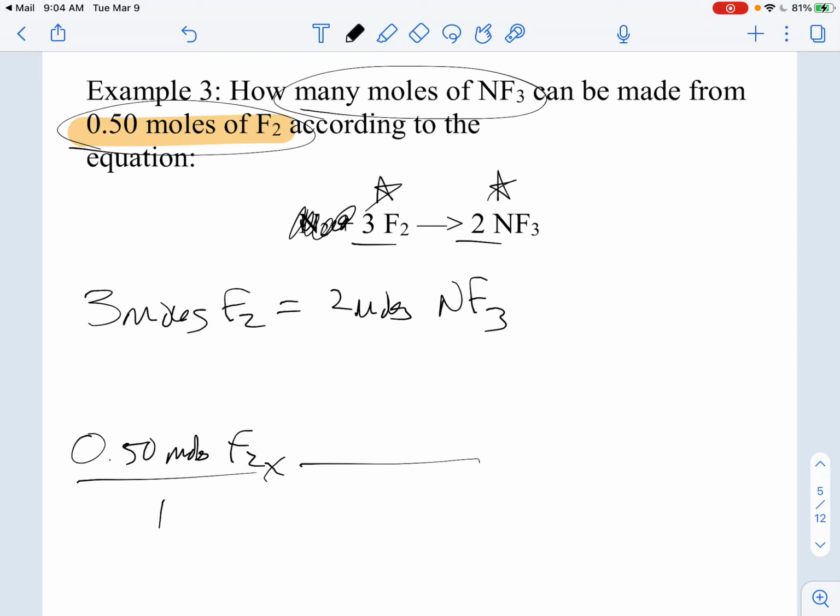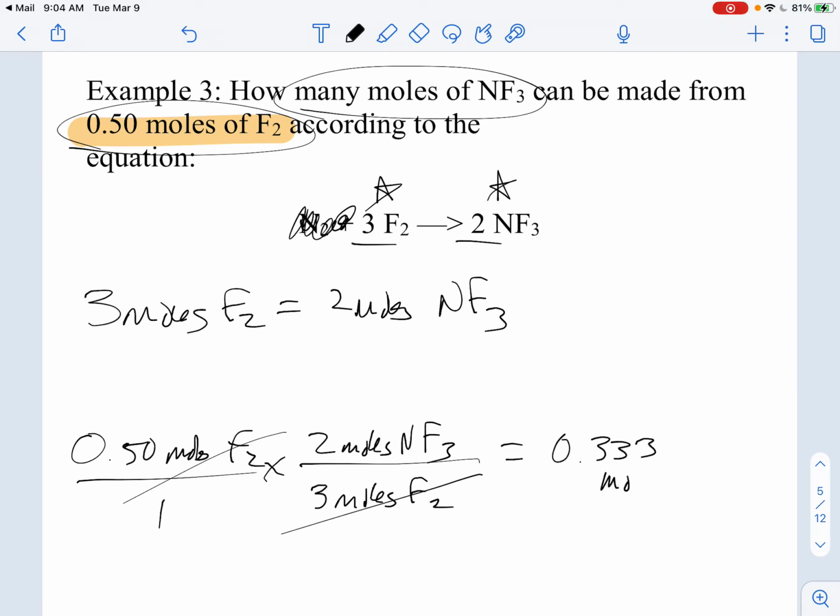Well, let's see. This is moles of F2, so that means my 3 moles of F2 have to go down here, and my 2 moles of NF3 have to go up here. So this is going to be 0.5 times 2 divided by 3, so that's going to be 0.333 moles of NF3.